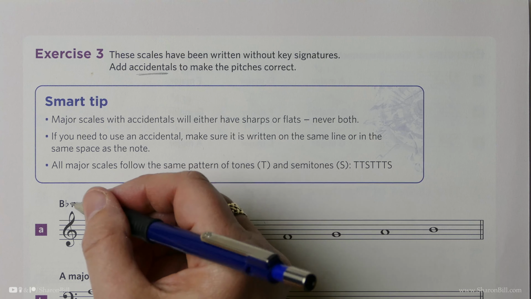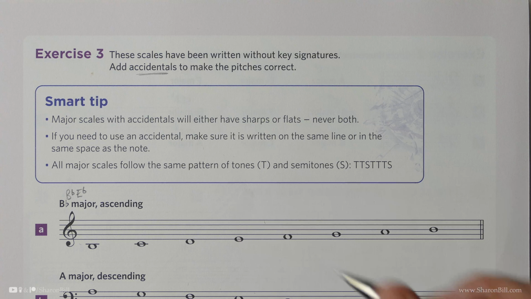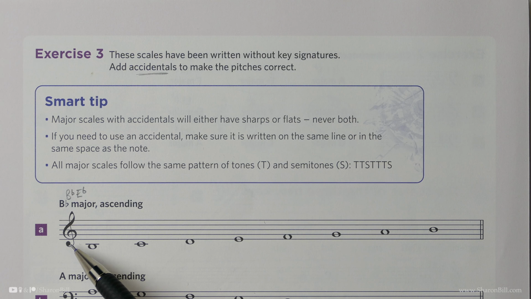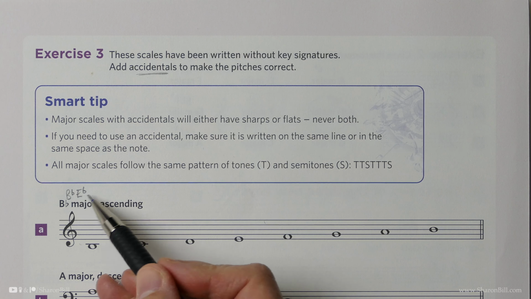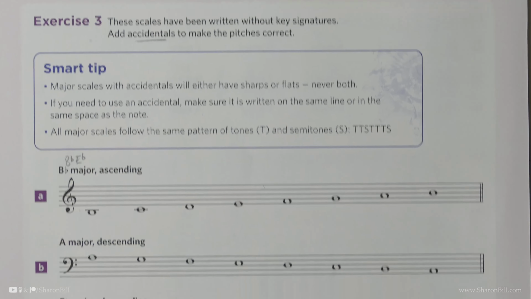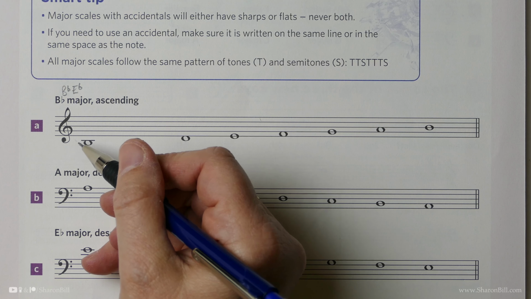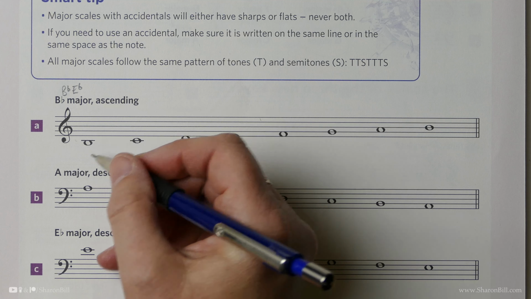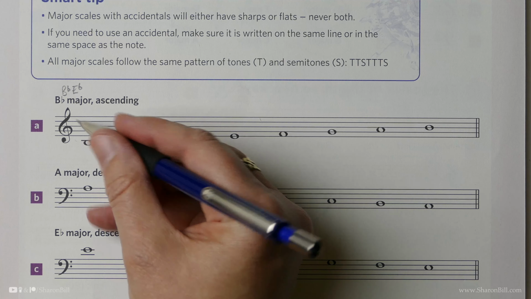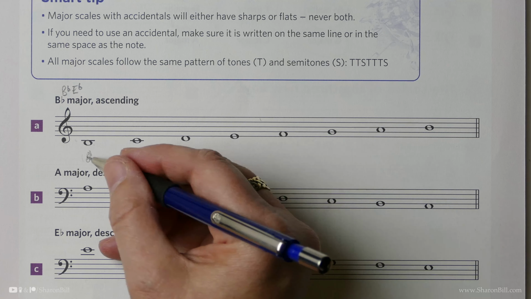So B flat major requires B flats and E flats in order to make the correct arrangement of notes for the major scale. We're in the treble clef here, so we just literally have to add the flat next to each note as required. If you're comfortable with the treble clef, you can just go ahead and do that straight away. But if the treble clef isn't your clef of choice, there's nothing preventing you from thinking, well, I know that starts on a B flat, or at least a note B for the moment, and then we can step up.